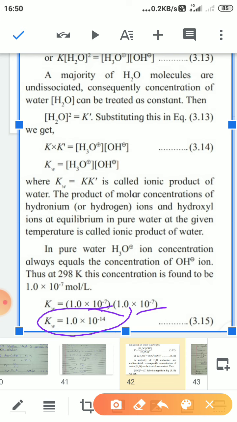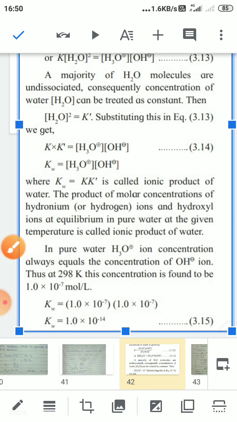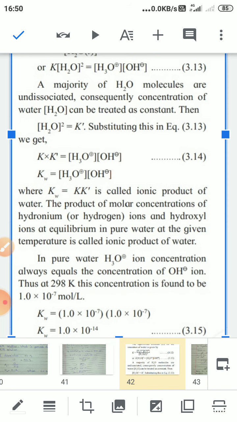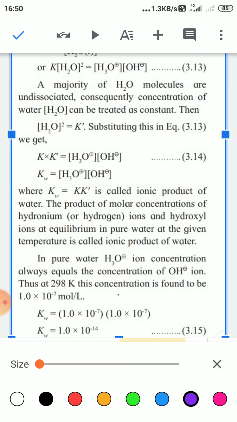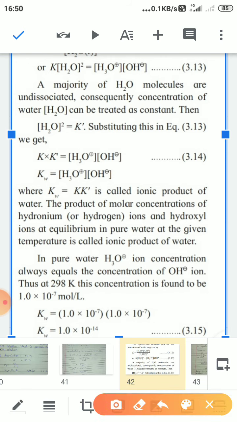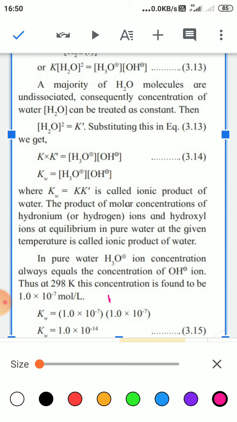Now based on this, the unit for the concentration of any component is generally mole per decimeter cube or mole per liter. Generally we are taking concentration in mole per liter, or mole per decimeter cube.